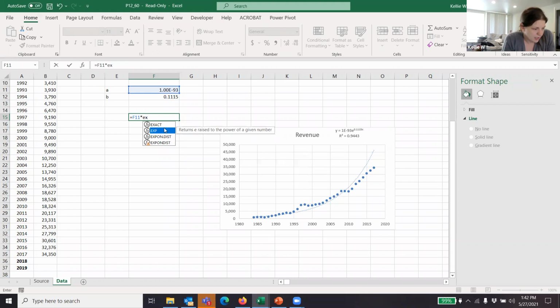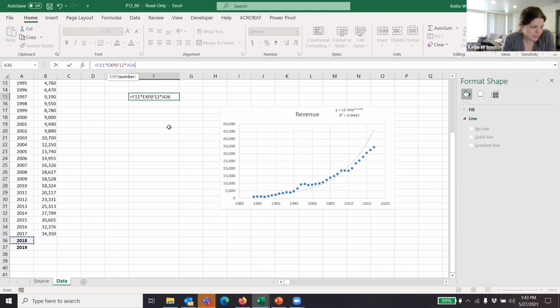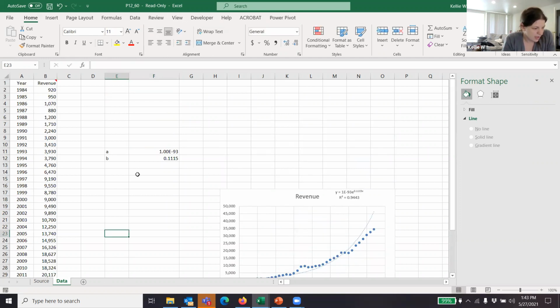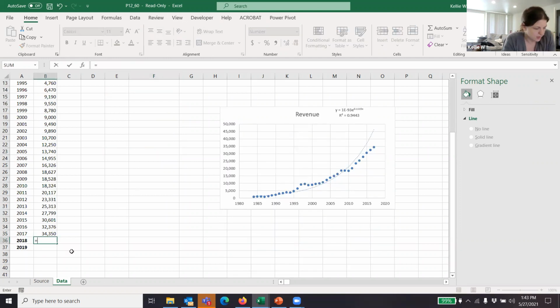I need the E times this times X, which in this case is 2018. So for my, that doesn't look right. All right, I'll have to play with this. But I'm plugging in 2018 for X here.